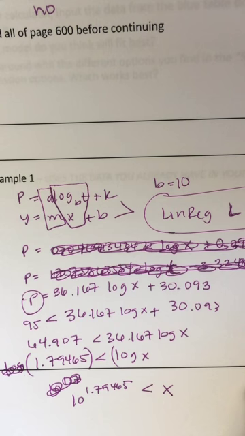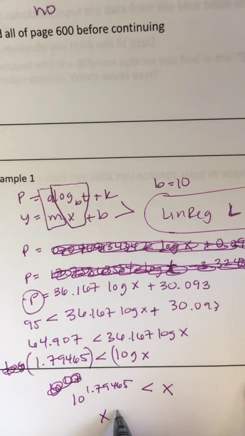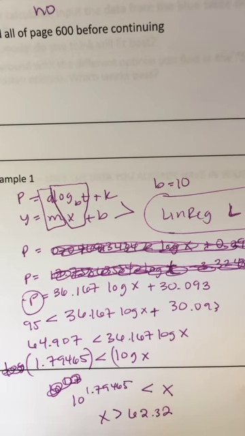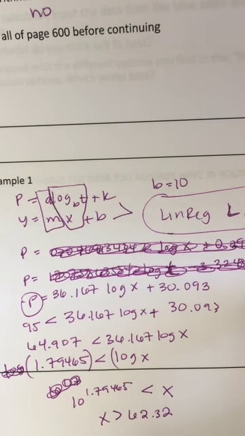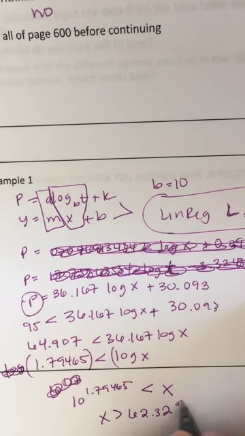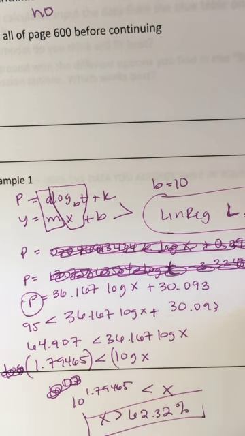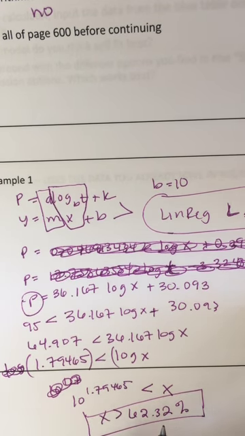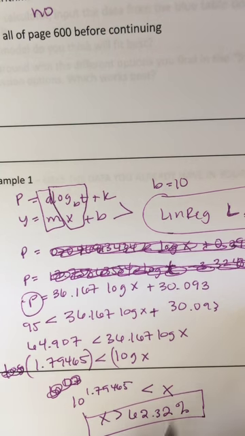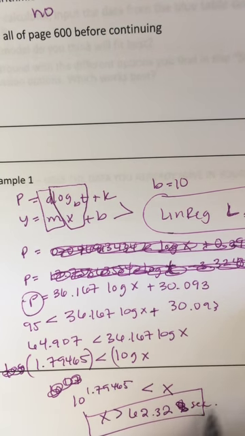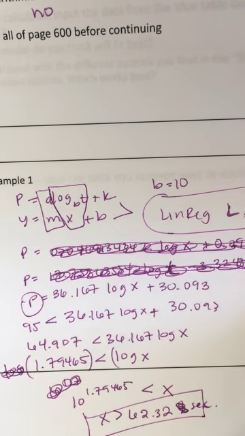And now if I do 10 to that second answer, x has to be greater than 62.32. And the book did some rounding in there, so it has to be greater than 62.32. Not percent, we're looking for seconds. All right, that's our answer.